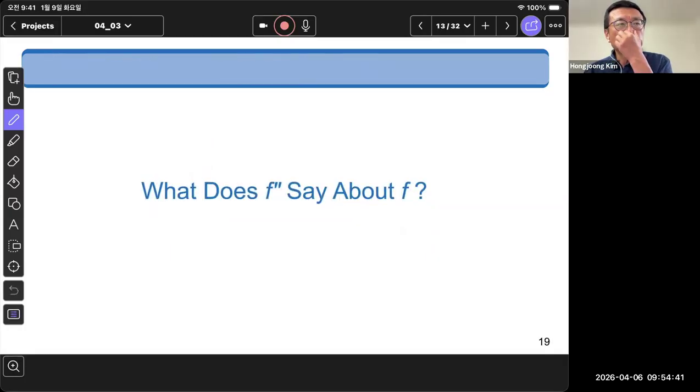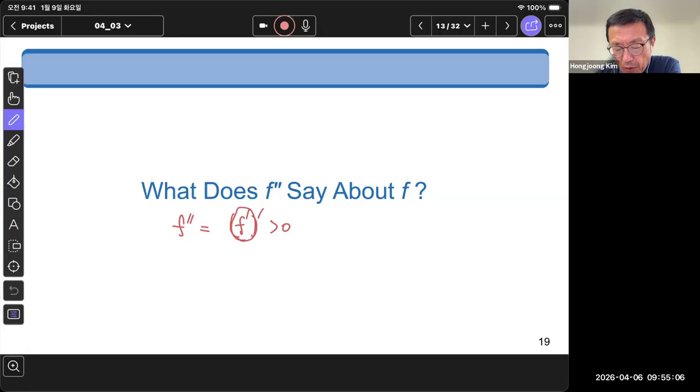Now, we considered f prime. If I consider f double prime, f double prime is the derivative of f prime. So if f double prime is positive, what does that mean?